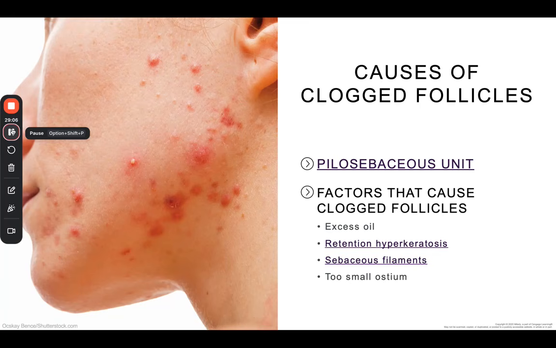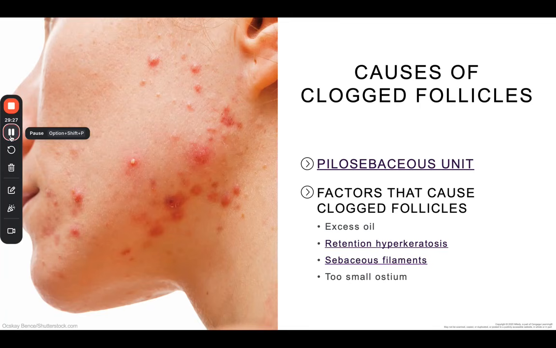Another reason for clogged follicles is that the opening of the follicle, which is what we call the ostium, is too small, and so the follicle may be too small to let any of those impactions out, which may lead to having clogged pores.